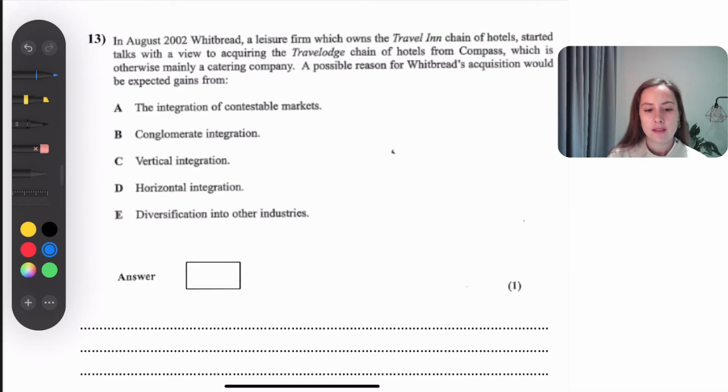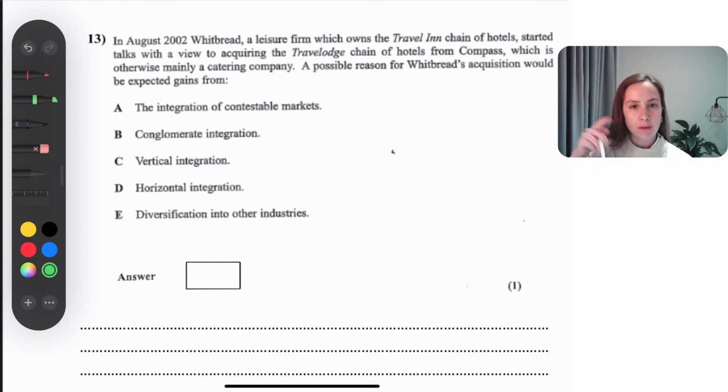Okay, this next one is another acquisition question. We have to identify, are they buying a company in a supply chain? Are they buying a competitor, something totally unrelated? There was some doubt with this one, because I wasn't sure whether these companies were already a conglomerate, but I don't think that mattered very much, because both of them have hotel companies right now, and both of them are selling their hotel companies right now.